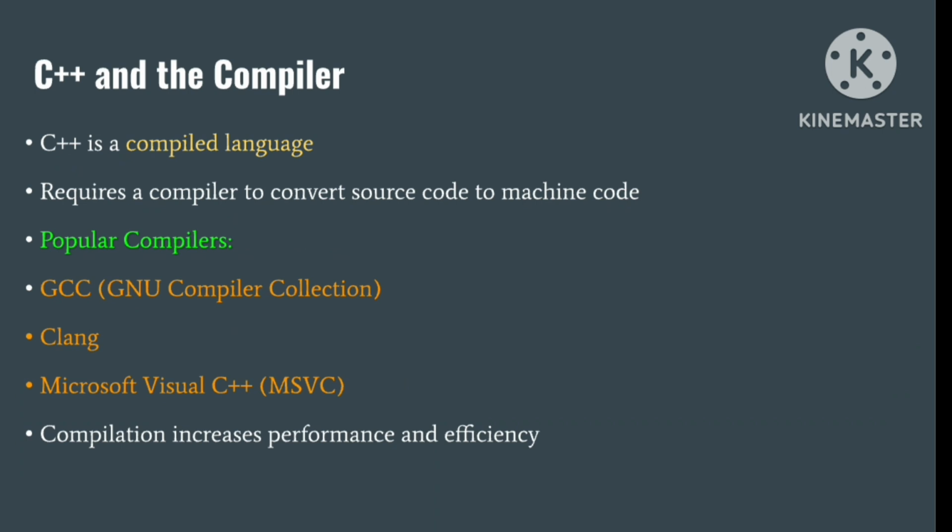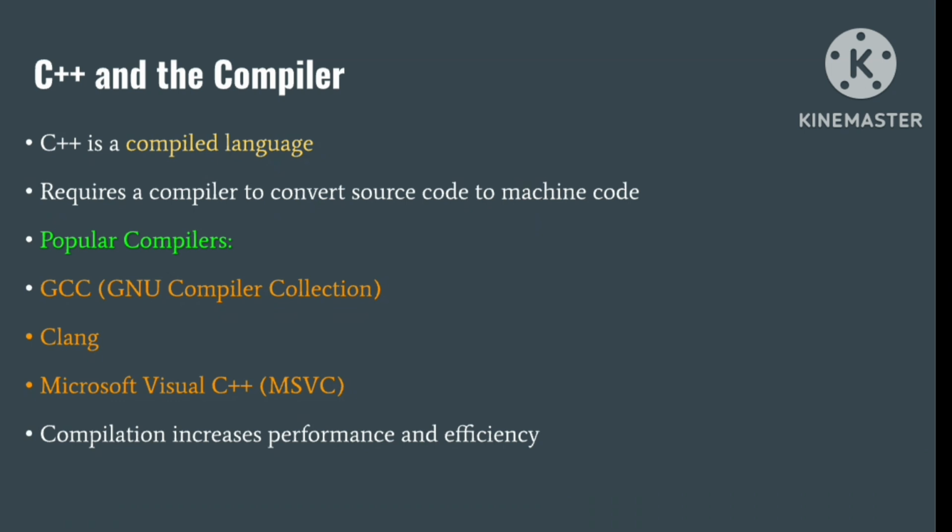First is GCC, the GNU Compiler Collection. To run a C++ code, we would first have to install the GNU Compiler Collection. You can also use Clang or Microsoft Visual C++. You can also use Dev C++, which runs C++ as well as C language.